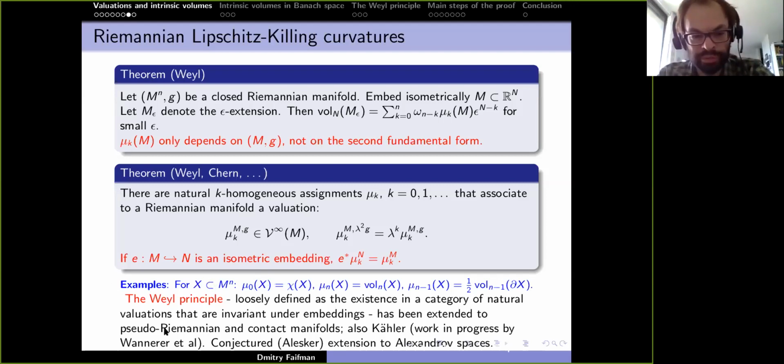For instance, it's been established in the Riemannian setting, in contact manifolds, which is a very non-metric setting at least, and also in Kähler geometry it's been worked out these days. And there are some conjectures about possible extensions to Alexandrov spaces, but it's mostly conjectural. Okay. Let's move on.